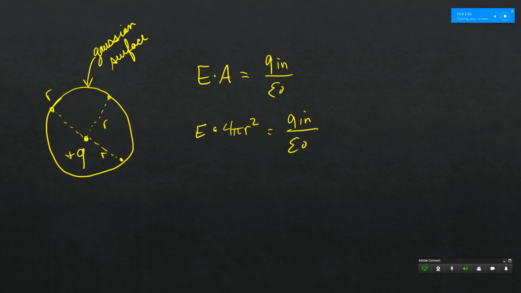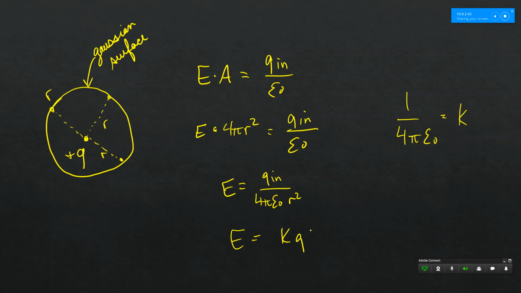And if I want to know what the electric field is at that point r, then let's just isolate electric field, and that's going to be Q enclosed divided by 4 pi epsilon naught r squared. Right? And what was 1 over 4 pi epsilon naught again? K. So E is equal to KQ inside over r squared.